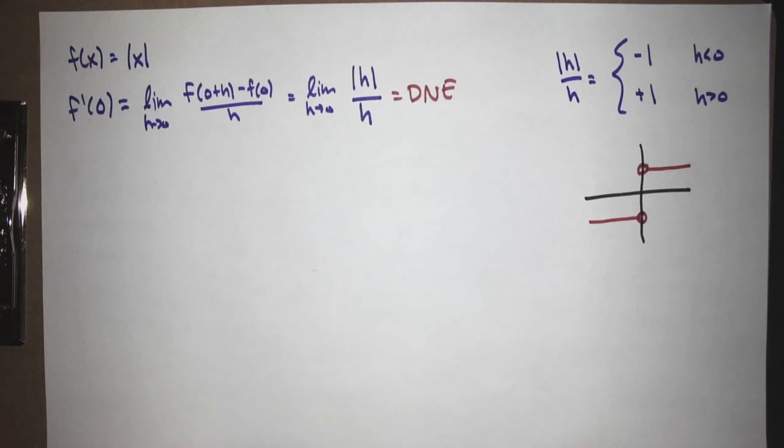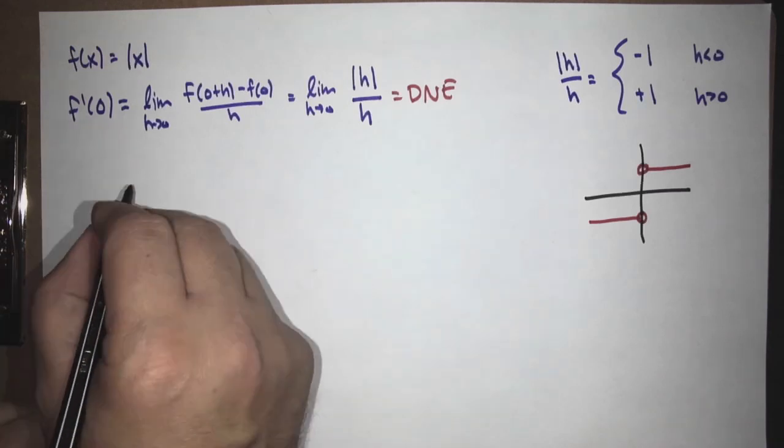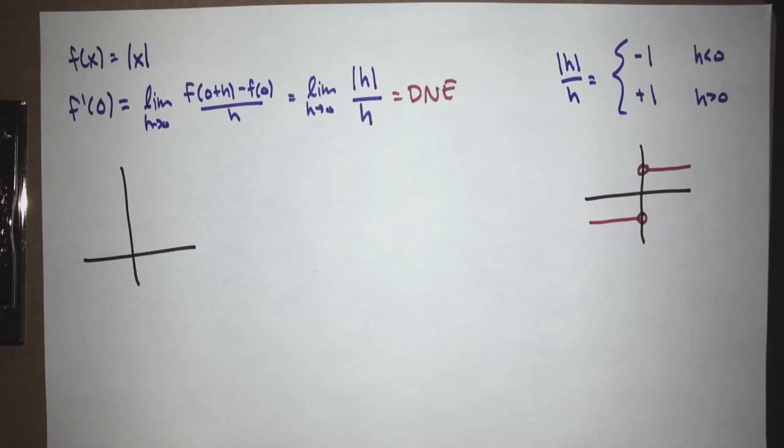A little bit disappointing, but let's think about it in a different way. When we were after derivatives, what are we really after? The slope of a tangent line. So let's think about this absolute value function.